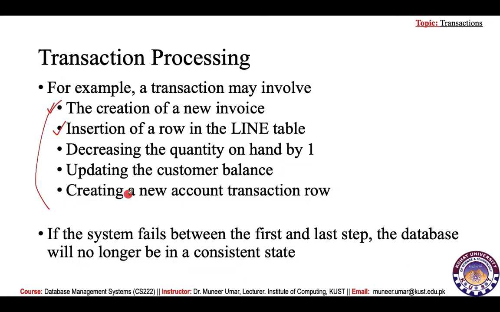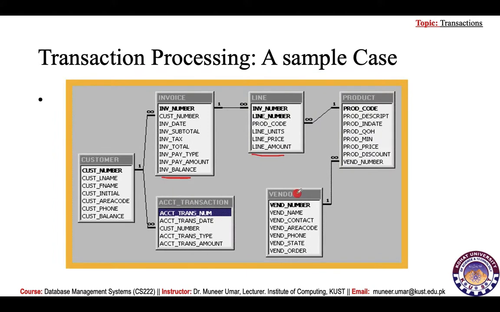Then the third thing is decreasing the quantity on hand by 1. Here we have the quantity on hand. So we are performing an update statement. This one is an update. The previous two were inserts.